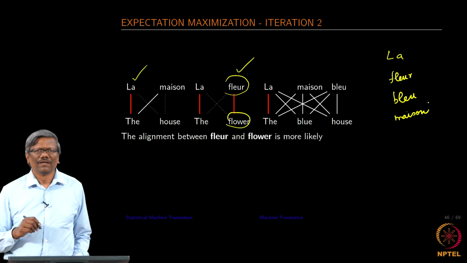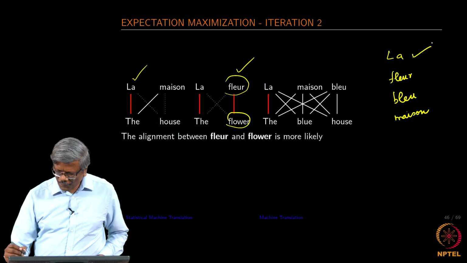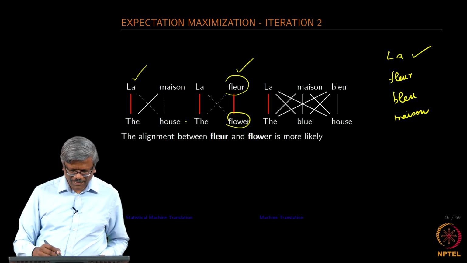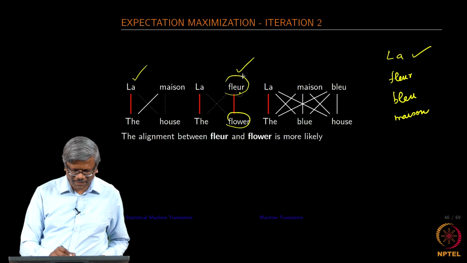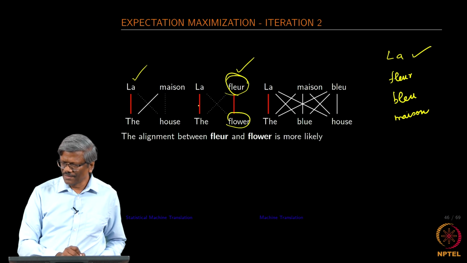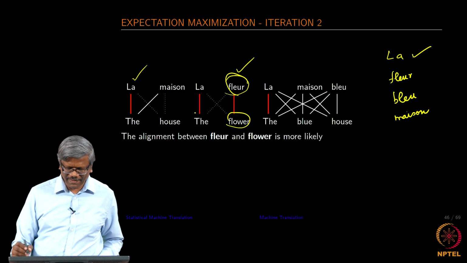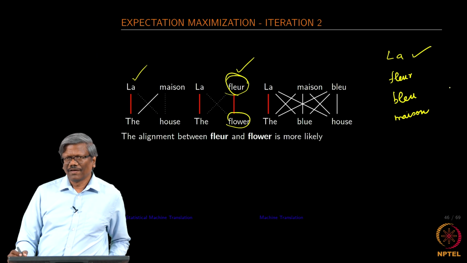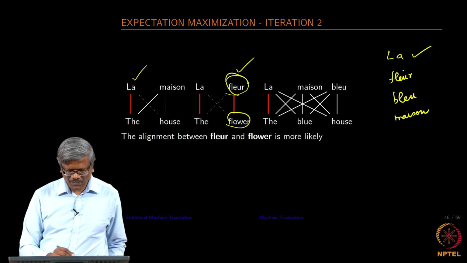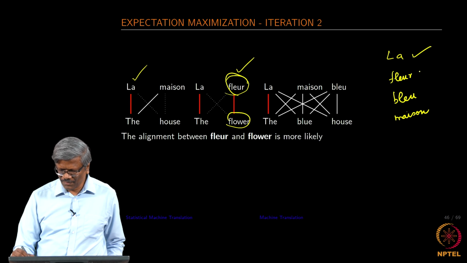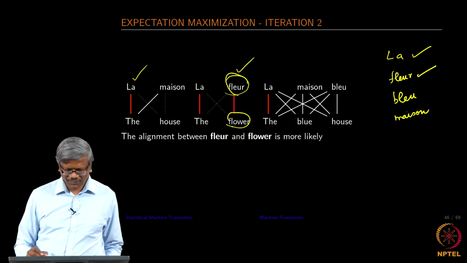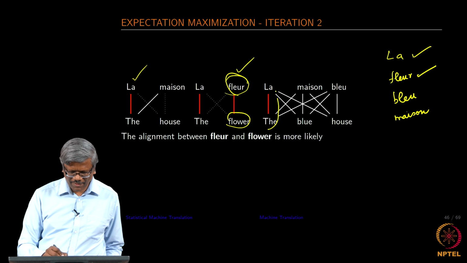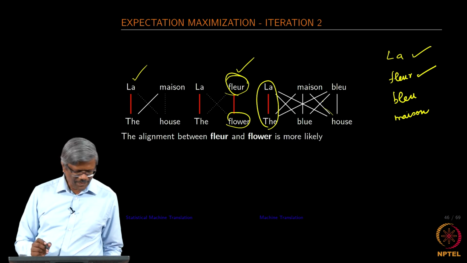So, we found this, and based on the alignment, this particular word is not aligned with anything else except "the," but "law" is already aligned with "the." So, it cannot be aligned to "the." So, this is aligned. In the third sentence we already found this. Now we still have to figure out the alignment for "maison" and "blow."